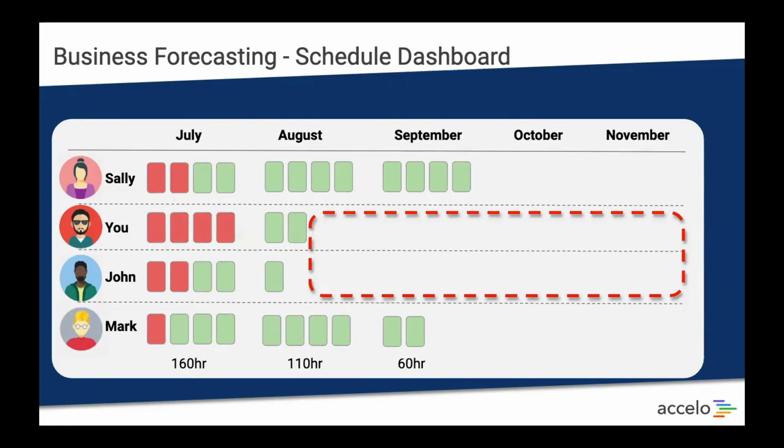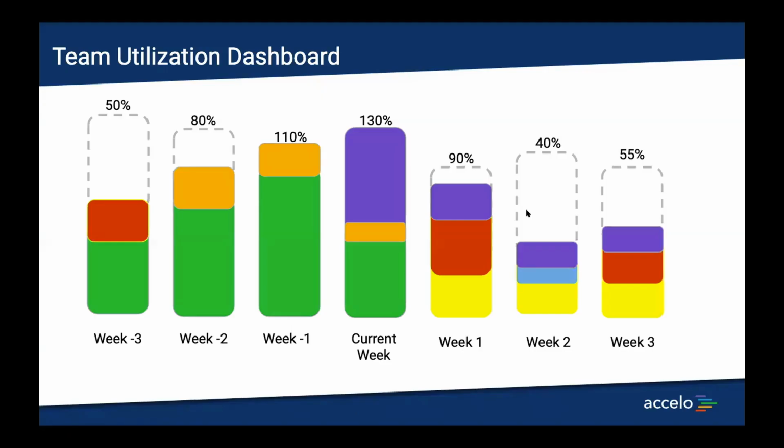In addition to the schedule dashboard, we also like to look at some areas where we can increase our efficiencies within our particular team, and we want to see how we've been using time in the past. And the team utilization dashboard in Excel really allows you to look both forward and in reverse.